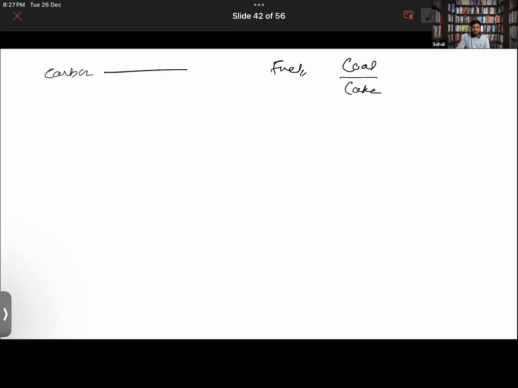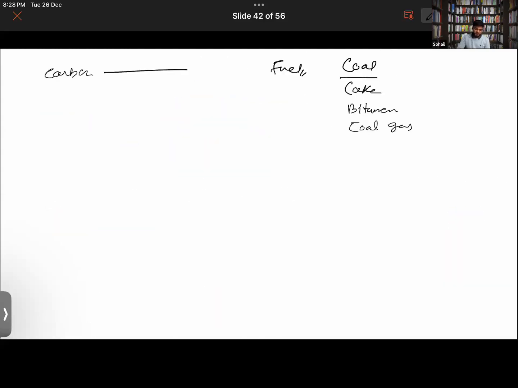We have other examples also: bitumen, coal tar, coal gas. All these are different forms of carbon which are available there. Okay. Then sulfur.